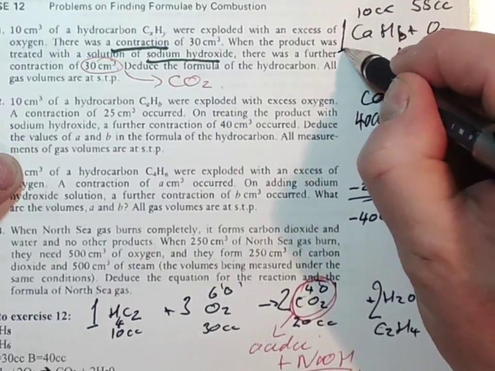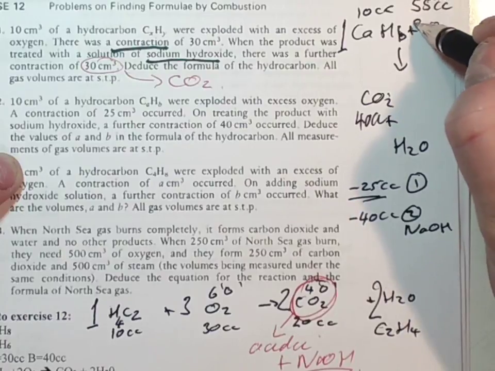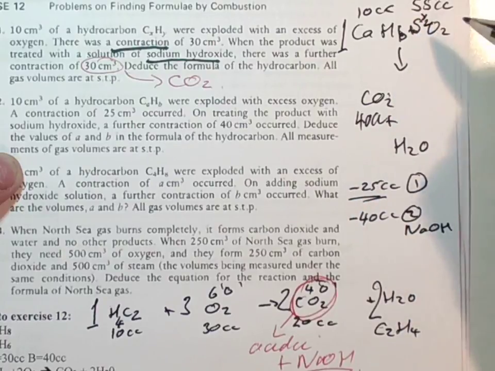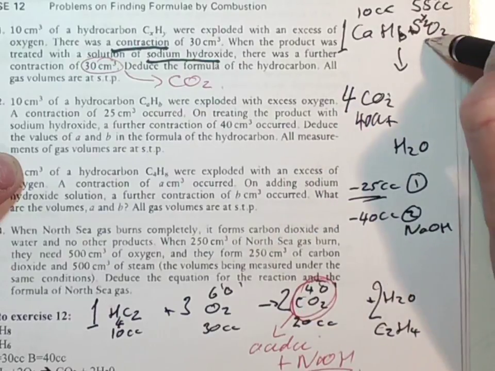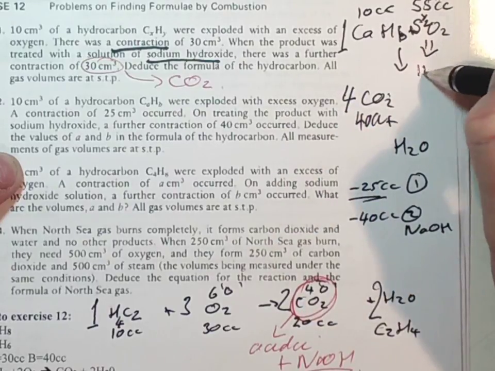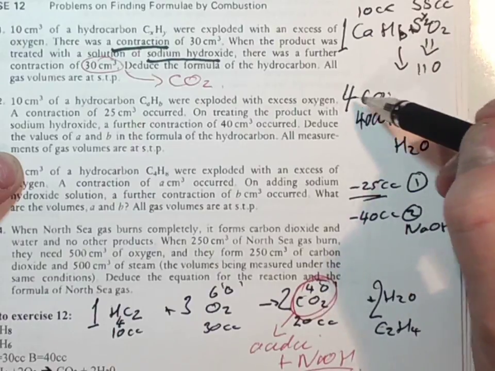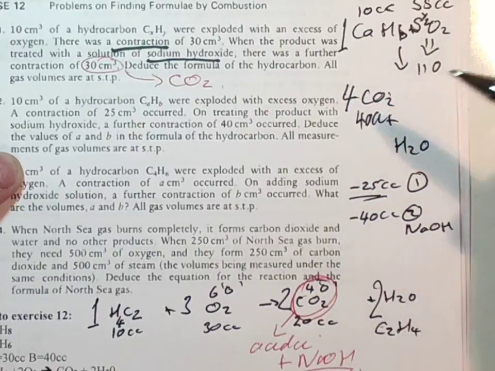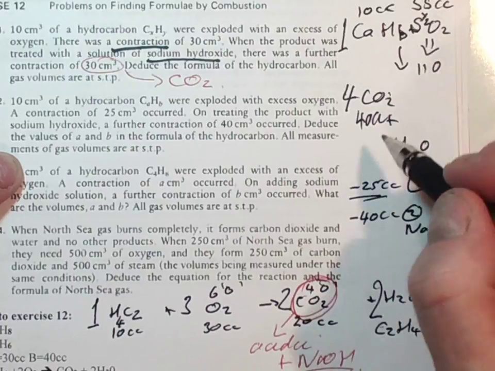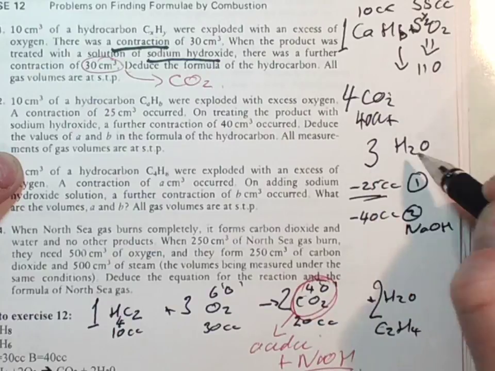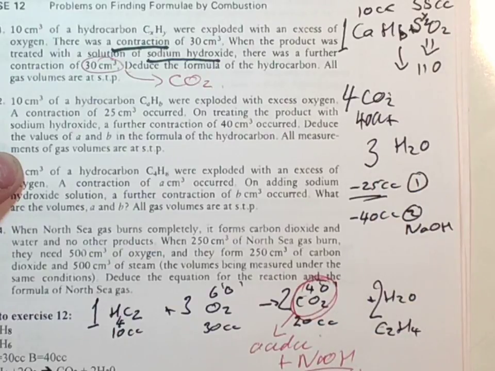Right, so I can start putting in some numbers. I've got 1 there, which I wouldn't put in, but we'll put it in for now. I've got 5.5 O2s, and I've got 4 here. 5.5 oxygens in total means that I've got 11 oxygen atoms. Down here I've got 4 times 2, which is 8 oxygen atoms, which have been accounted for. Okay, out of my 11, so I'm missing 3 oxygen atoms, so I've got to put 3 waters to get my 3 oxygen atoms.